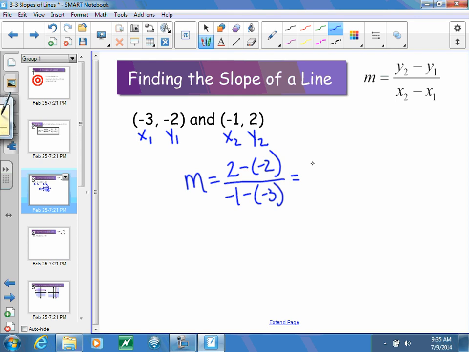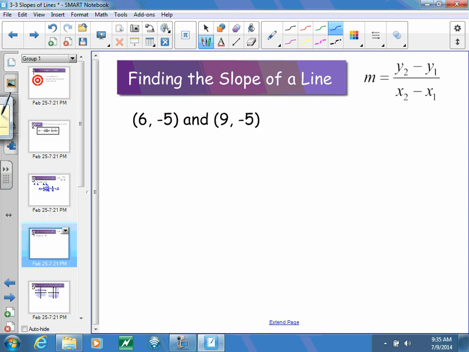Subtracting a negative, I'm actually adding, so that's giving me positive 4, and negative 1 minus a negative 3, we're actually adding 3, negative 1 plus 3, so that gives us 2, and 4 divided by 2 is 2, so there's our slope of 2.